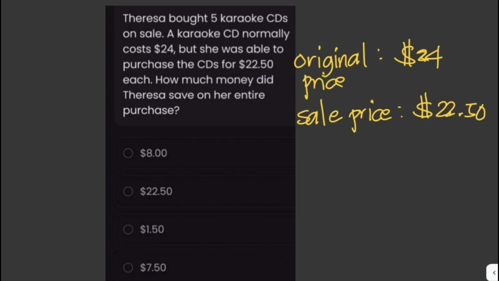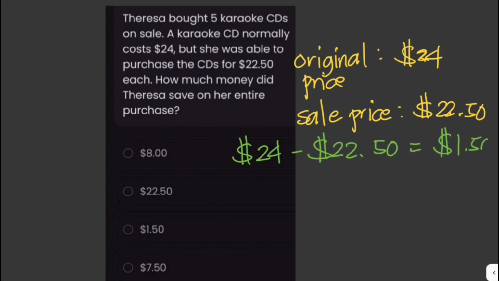The first thing we do is subtract the sale price from the regular price to get the difference, or to know how much Teresa has saved. So that would be $24 minus $22.5 equals $1.5.